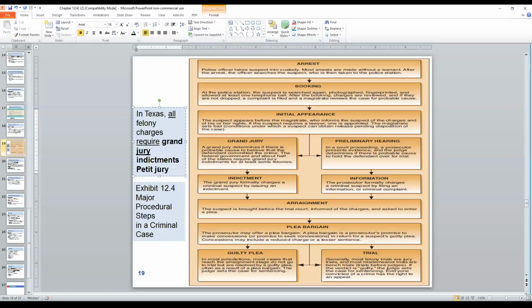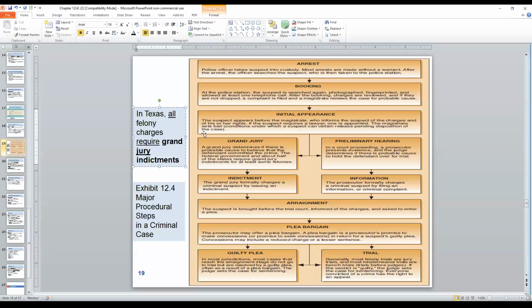And in English, we don't pronounce it the French way, we just pronounce it petit. And that means a small jury. And typically a jury in a criminal case, especially a felony case, is going to have 12 jurors. But there are times where it can have less, especially in civil cases. So when you hear petit, think small, think petite, think trial jury. If you're thinking grand jury, think big, think that probable cause jury.